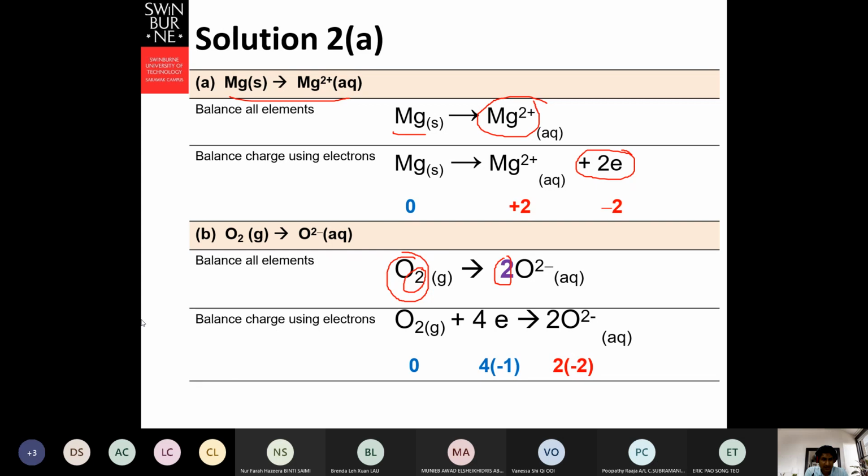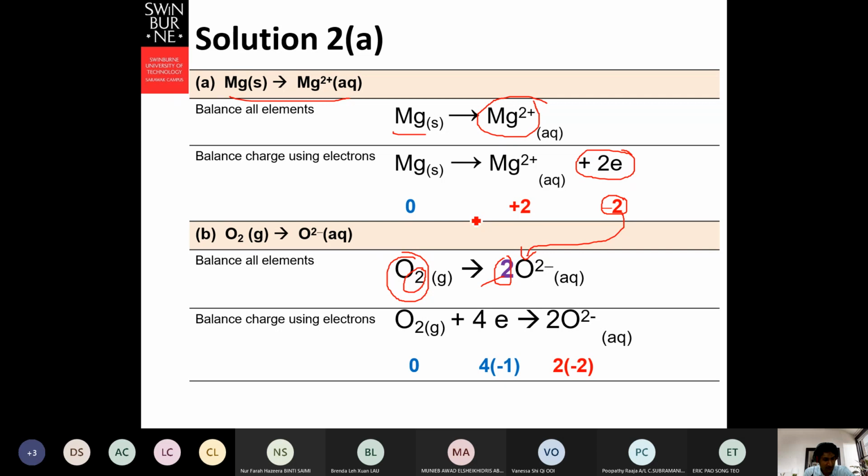So two oxygen ions are being generated, each having two negative charges, meaning each has taken up two electrons. But there are two oxygen atoms, so where can we find the two electrons from?